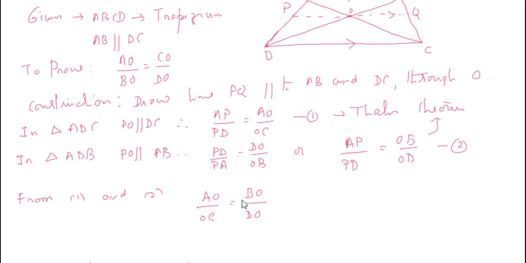Now just rearrange it, bring BO here and here I'll make this one as CO. Why only this as OC? Interchange BO and CO. Therefore, AO by BO equal to CO by DO, and this is the proof.